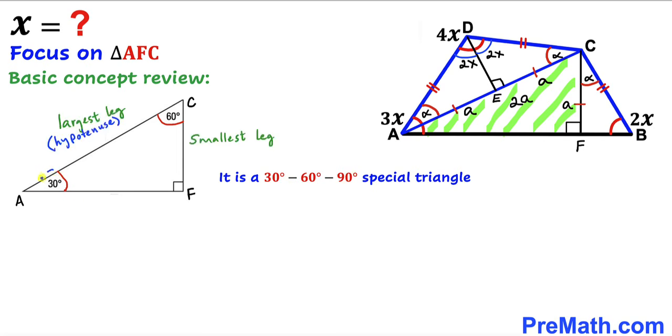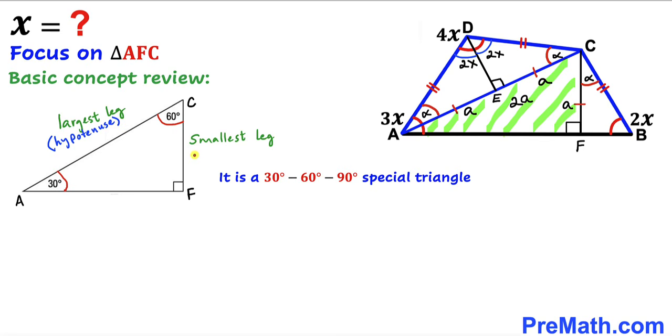Here we can see 30 degrees is our smallest angle, so the leg opposite to that one is going to be our smallest leg, whereas this is our 90 degree angle and our largest angle, so the side opposite to this largest angle is going to be our largest side. This side is also called the hypotenuse. In such a special 30, 60, 90 triangle, the largest side is twice the smallest leg.